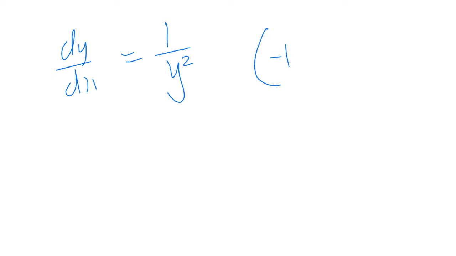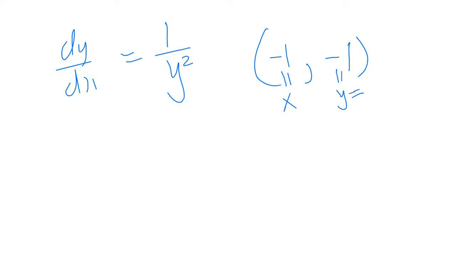So we have dy/dx equal to 1 over y squared, and our grid point is (-1, -1). This means x is equal to -1 and y is equal to -1.